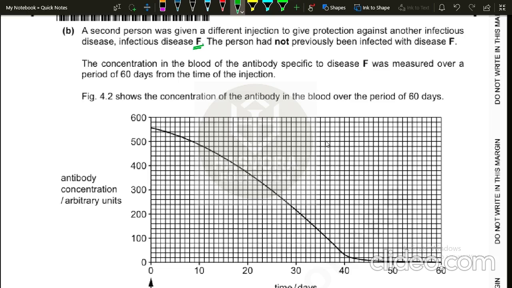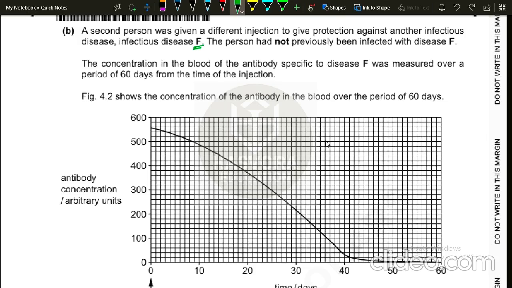Figure 4.2 shows the concentration of the antibody in the blood over the period of 60 days.